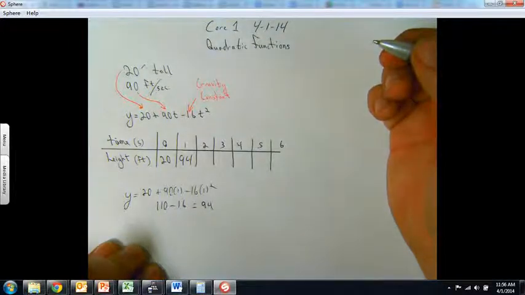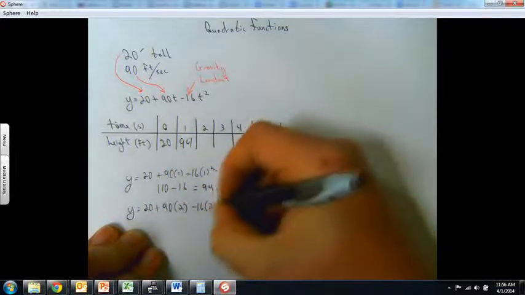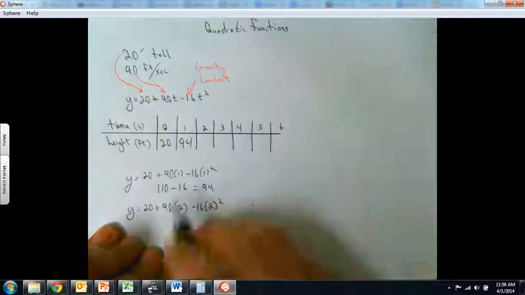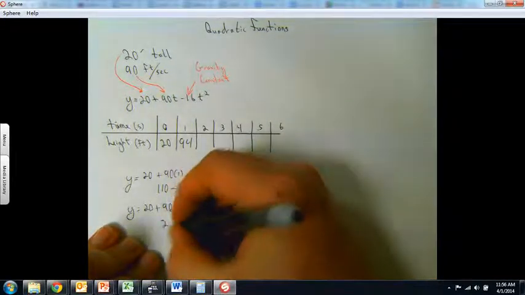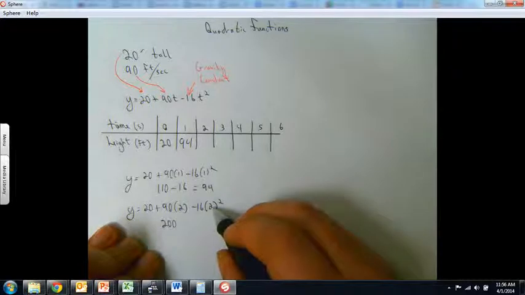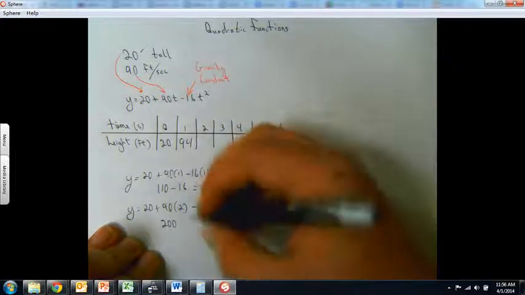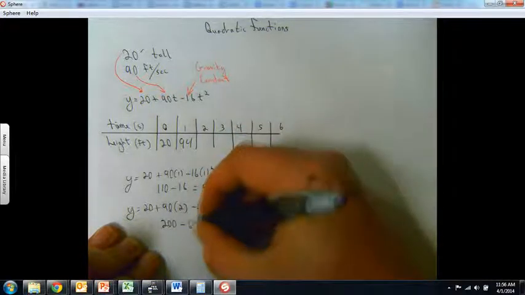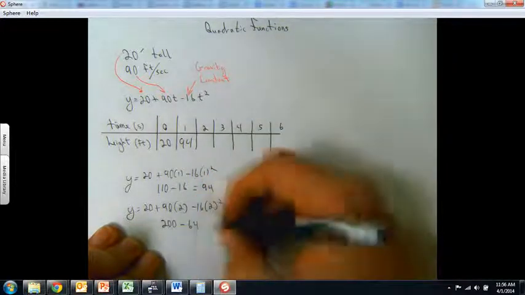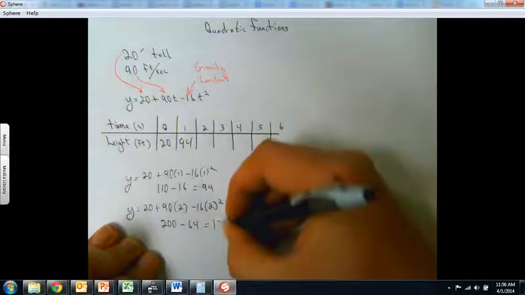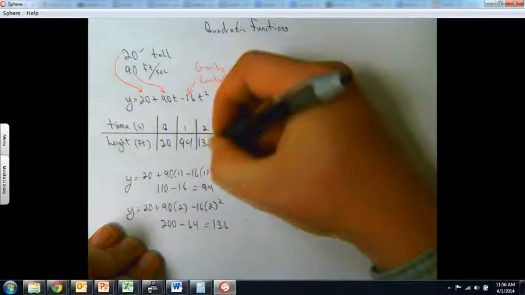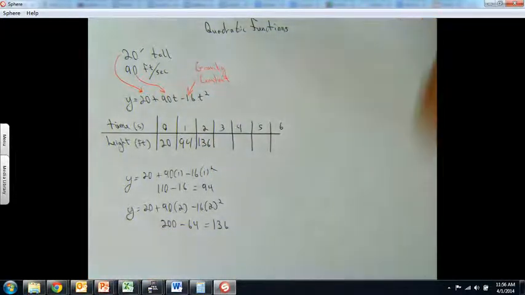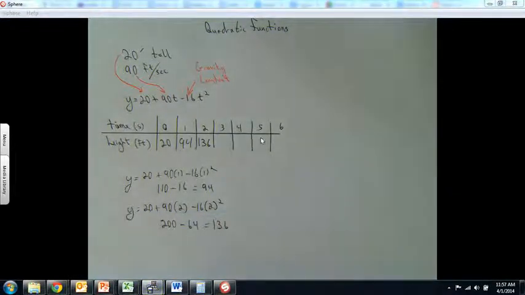Okay, let's do the other one. y equals 20 plus 90 times 2 minus 16 times 2 squared. 90 times 2 is 180 plus 20 is 200. 2 squared is 4 times 16 is 64. Minus 64. 200 minus 64 is 136. So you can see how this just becomes a little repetitive. Now, let's take a look at a calculator to do the rest for us.